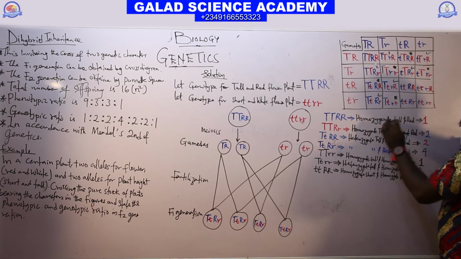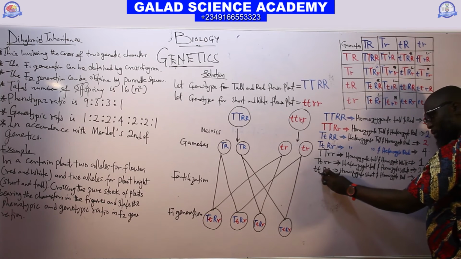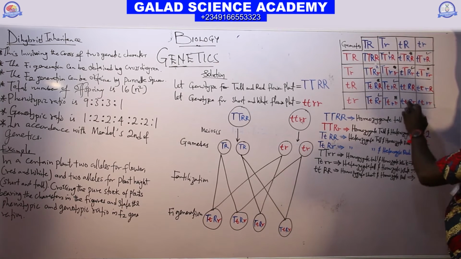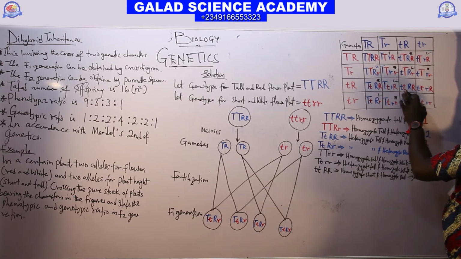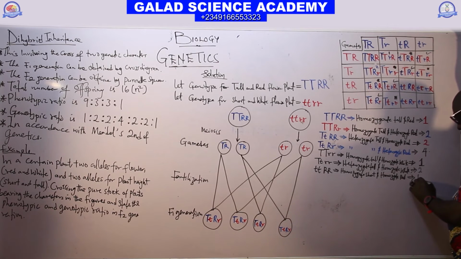And we have homozygous short and homozygous red. How many? Homozygous short and homozygous red, this one is one.